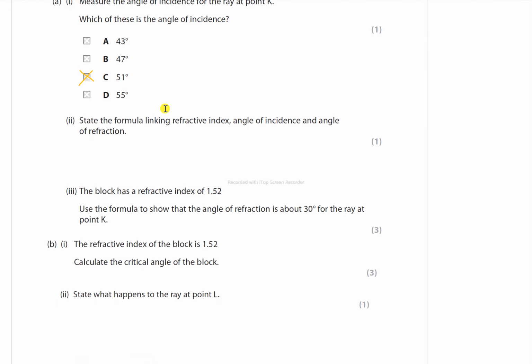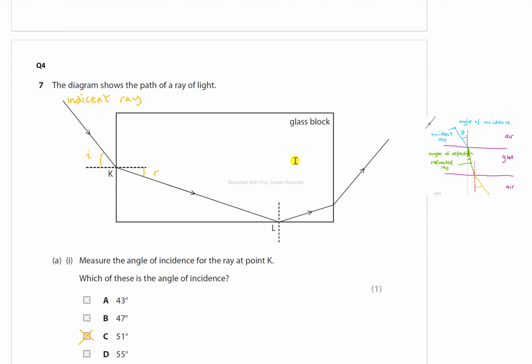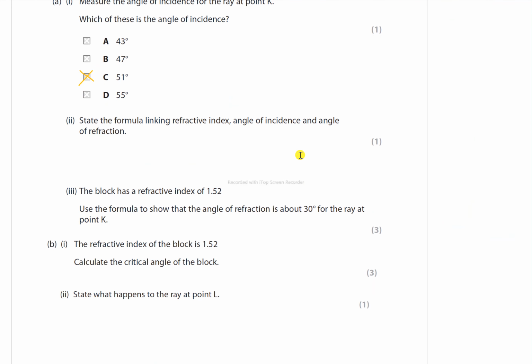Right, state the formula linking refractive index, angle of incidence, and angle of refraction. So angle of incidence, I, angle of refraction, R, right? So the refractive index is a measure of how much light bends when it goes through an object.